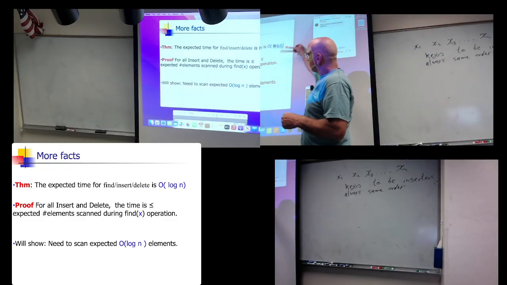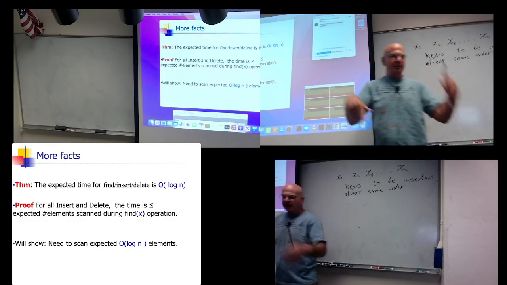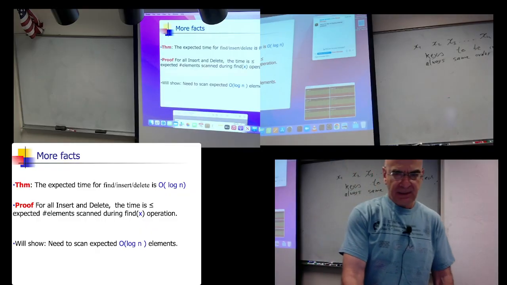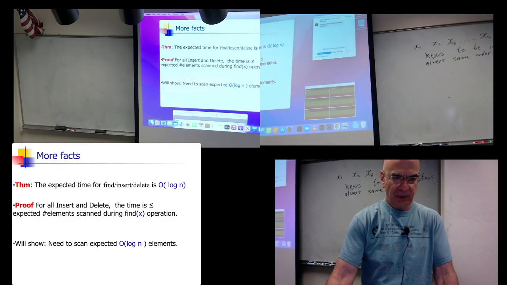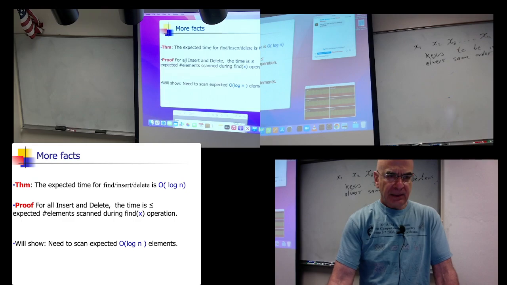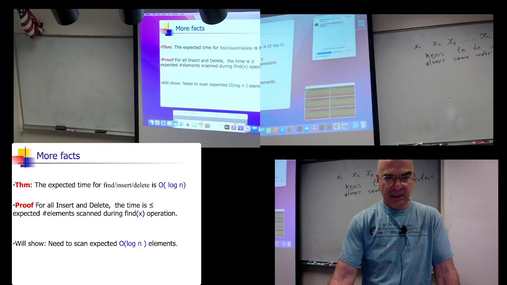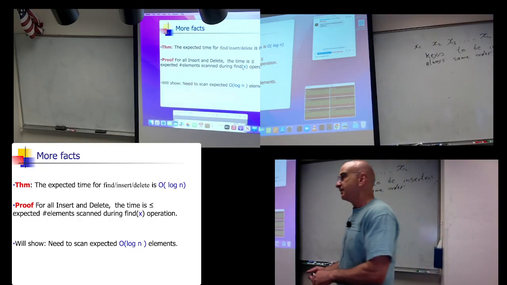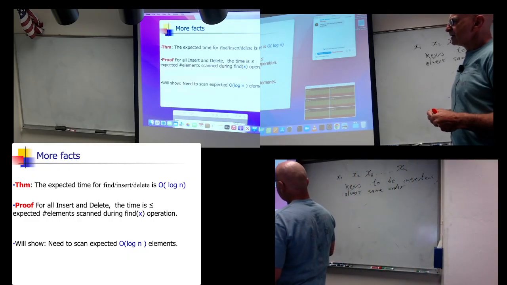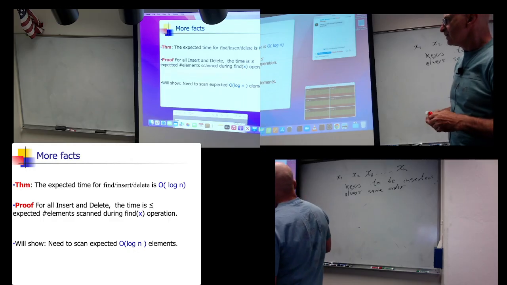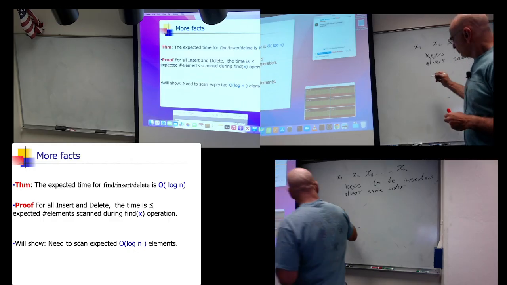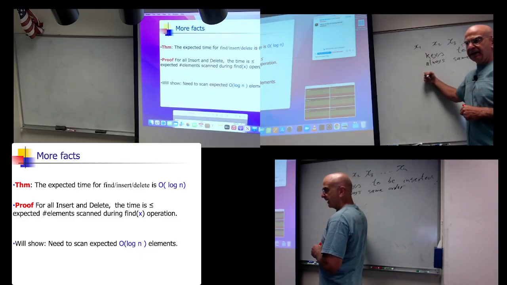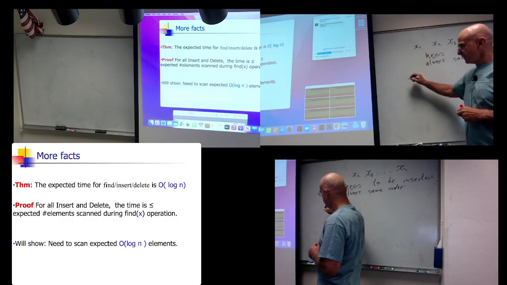So let's prove this claim that insert or delete or find will take order log n. Now for insert and delete, actually, the time is the expected number of elements that it scans during the finding. Let's understand this statement. How does the insert or delete look in a skip list?